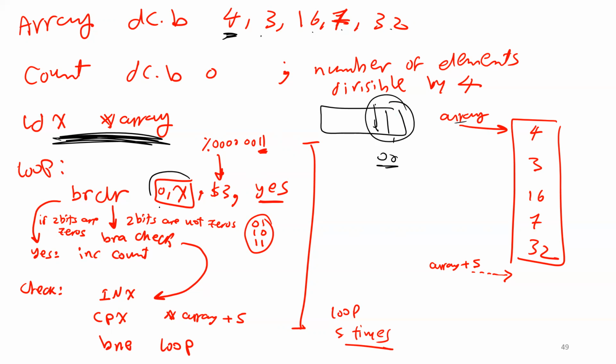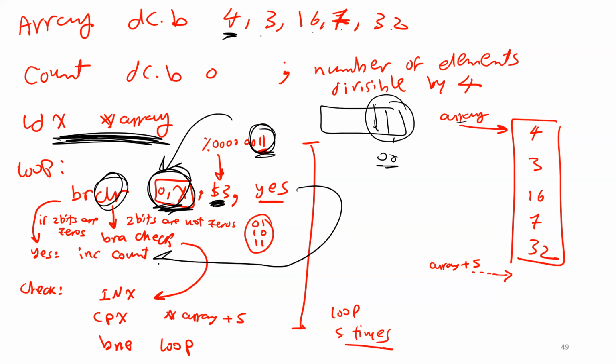This is the location, this is the address, the byte at this memory location. And this is the mask, as I explained last time. The mask is 11000. I want to check these 2 bits, the first 2 bits in this byte. And if they are clear, if they are zeros, please go to yes. Yes is here. And when I come to yes here, I'm going to increment a counter.